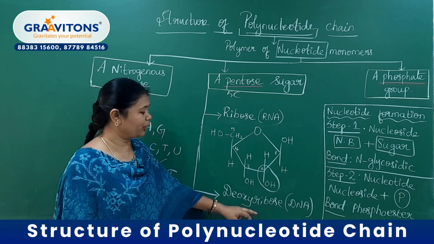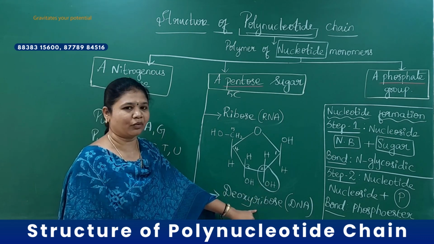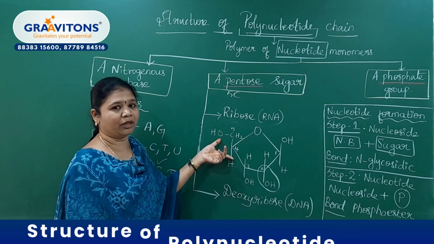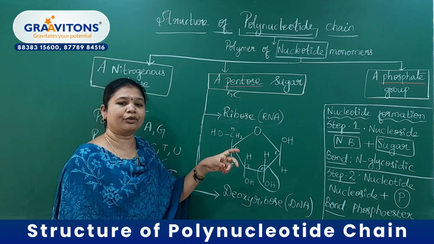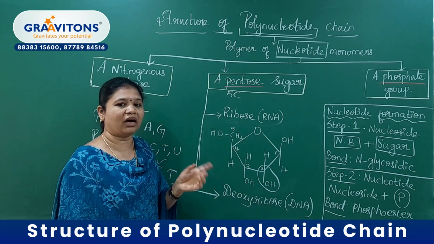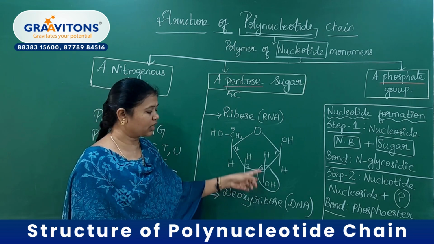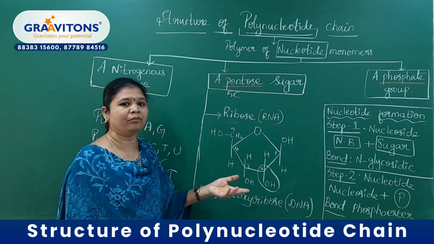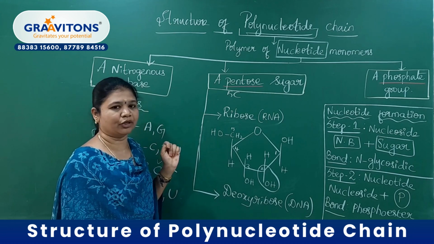The sugar in DNA is deoxyribose sugar. Look at this sugar structure clearly. Given an entire polynucleotide chain structure, just looking at this second carbon OH is enough to find out whether it is DNA or RNA. This is one of the important clues, right?